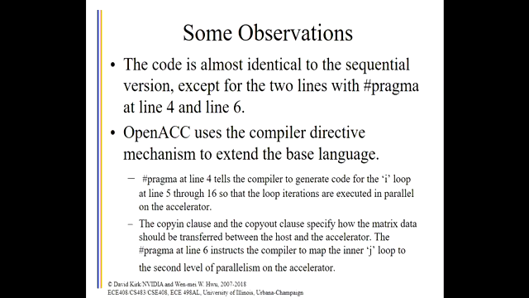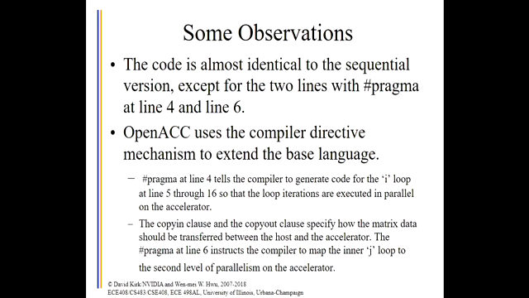So OpenACC uses the compiler directive mechanism to extend the base language. The base language allows you to write a simple sequential C program. And then the OpenACC pragmas allow you to tell the compiler, these iterations are independent, so why don't you rewrite them into a parallel kernel with the kernel launches and so on.